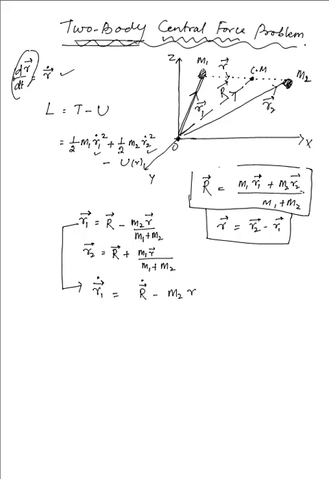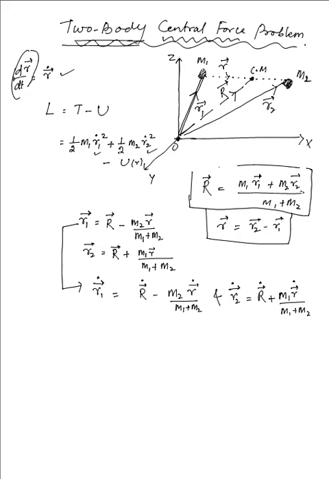The rest of the terms obviously are constants, so this is simply r dot divided by m1 plus m2. Similarly, we have r2 dot, and r2 dot is equal to r dot plus m1 r dot divided by m1 plus m2.